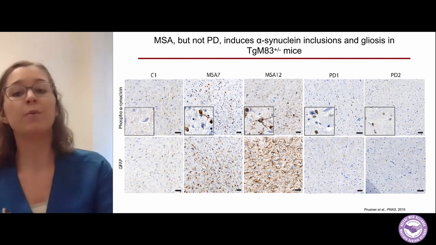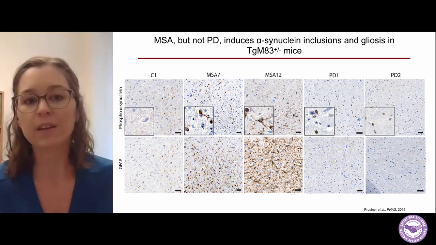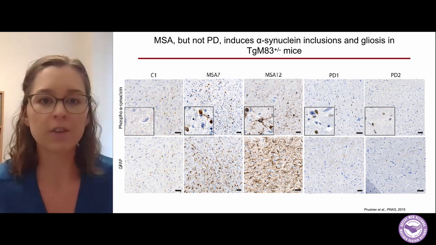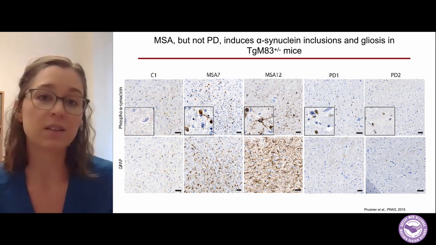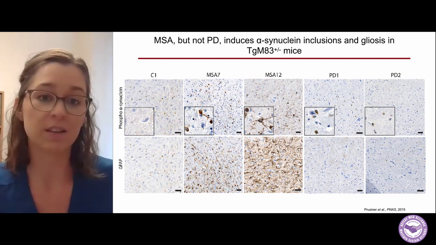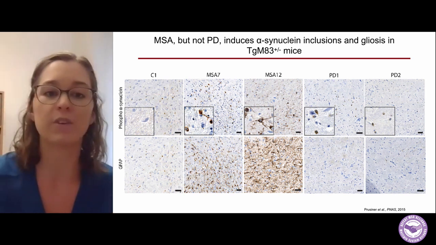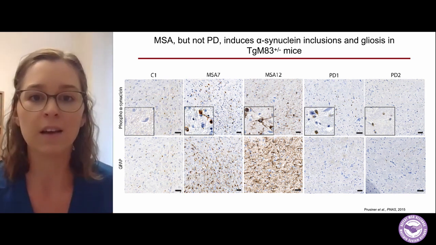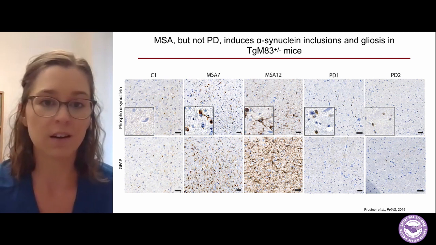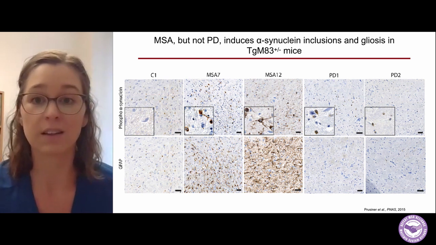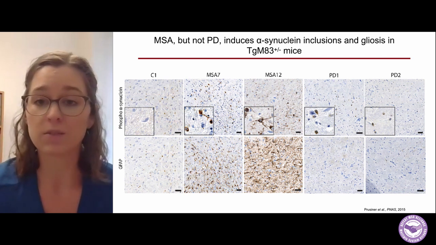And further, when they went to look at the brain pathology in these mice, what they found was that when they have their control samples used as their injected material, it doesn't cause any neuropathology in the brain, which you can see here on the left with the absence of the phosphorylated α-synuclein. With the 2 MSA cases, there is deposition of phosphorylated α-synuclein in the brain and also abundant gliosis as well.